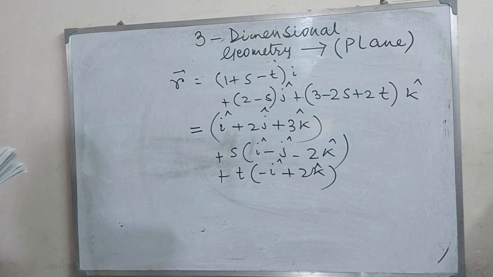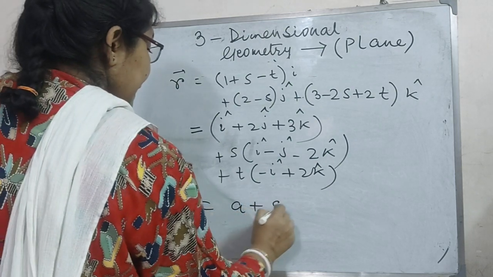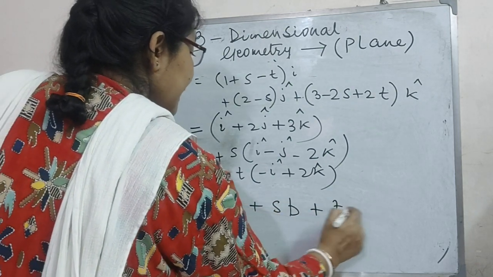It is in the form of a plus s b plus t c.